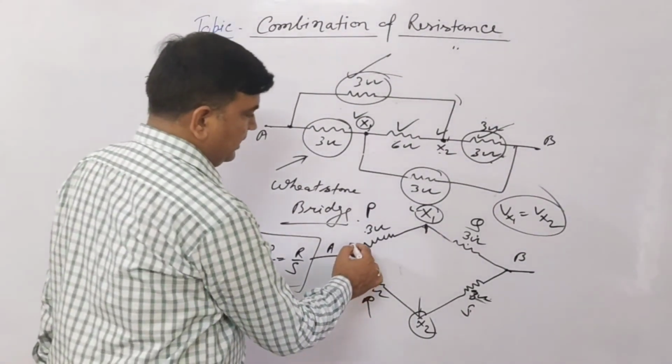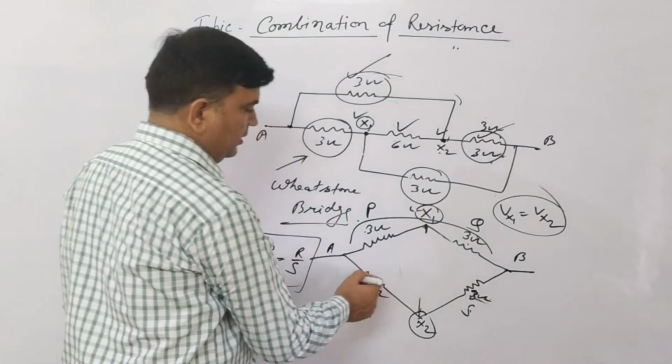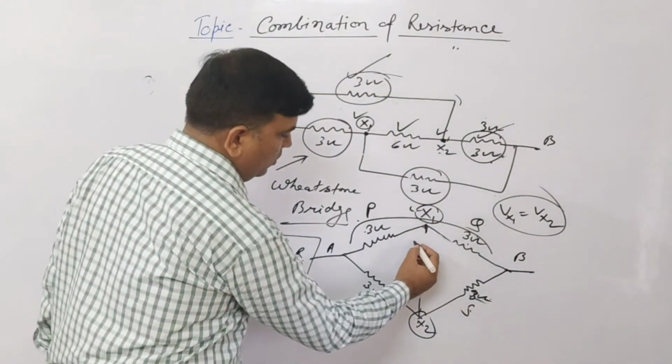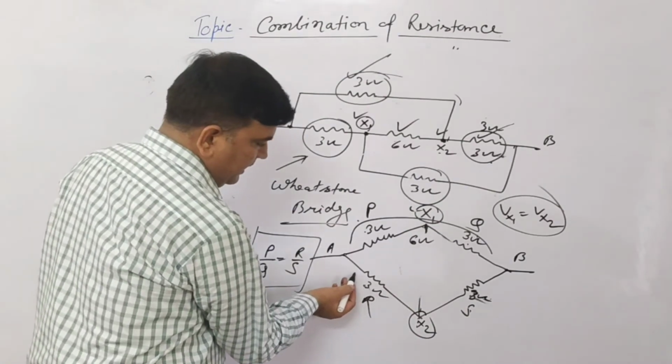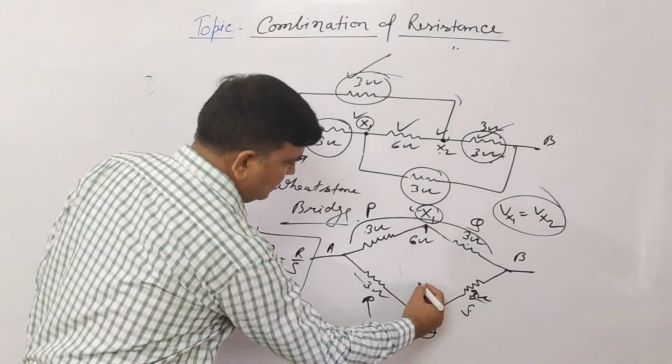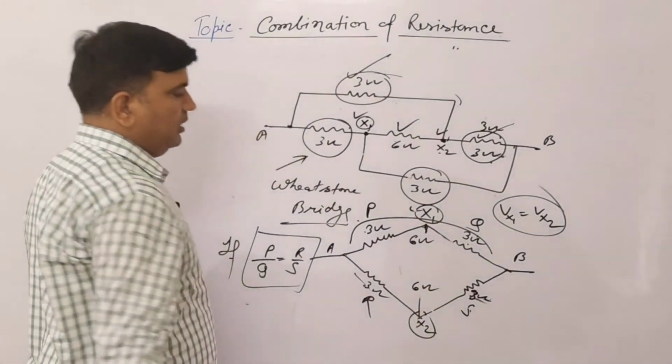There are the 3 and 3 both joined in series. So R equal to R1 plus R2, 3 plus 3 is 6 ohm, and here the 3 and 3 both are joined in series, so it is 6 ohm.